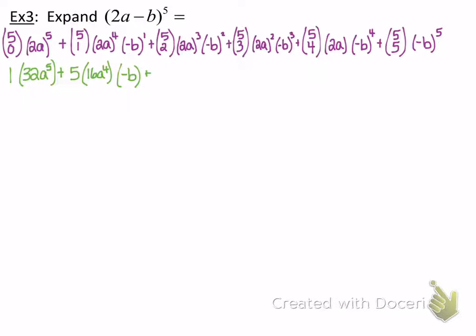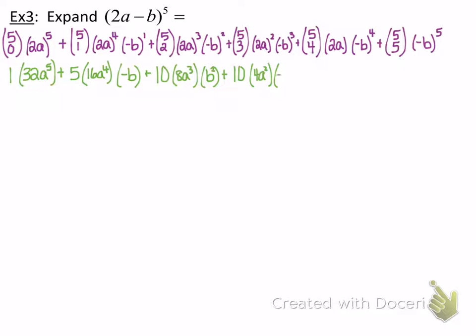plus 10, 8a to the third, and then negative b is actually going to become just b squared, because when you take a negative value to an even exponent, it becomes positive. So then we have 5 choosing 3, which is 10 again, and 2a squared is 4a squared.